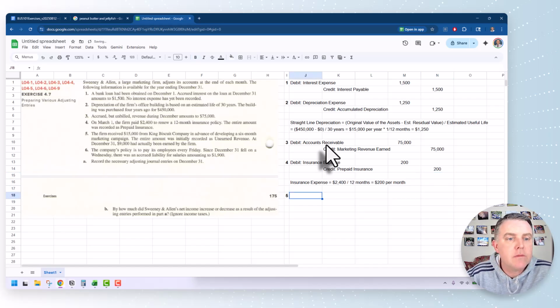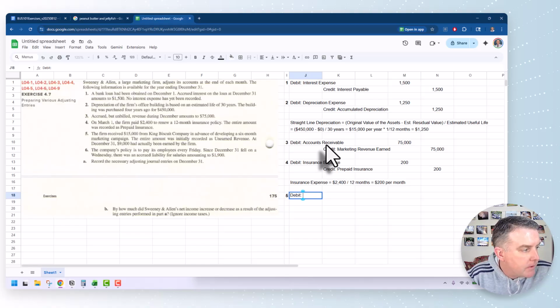Number five says the firm received $15,000 from King Biscuit Company in advance of developing a 6-month marketing campaign. The entire amount was initially recorded as unearned revenue, and as of December 31st, 9,000 of that had been earned by the firm. All right, so now we have to reclassify unearned revenue, which is a liability, to earned revenue, which is an income statement account.